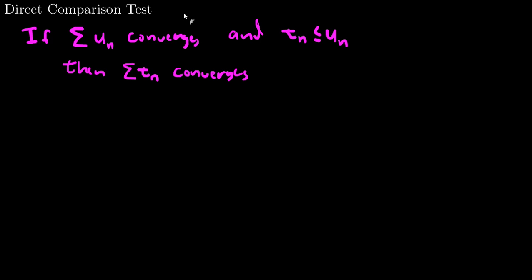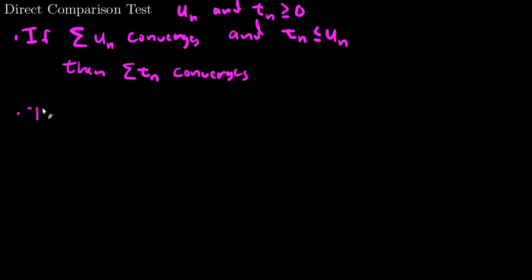Now, I should put in here, I'm considering u sub n and t sub n all non-negative. If we have negatives, things are a little bit different. But in this case, if this converges and the t's are all less than the u's, then the sum of t converges.